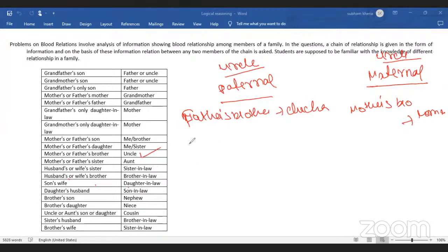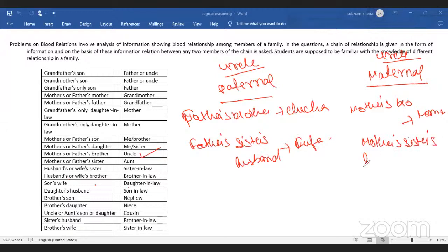Now, father's sister's husband. Father's sister क्या हो गई? बुआ. Bua's husband will be your fufa, right? He is also called uncle. Similarly, mother's sister's husband will be your mosa.